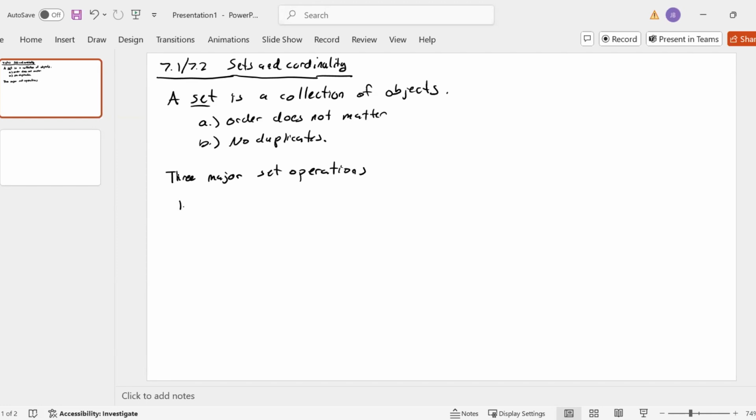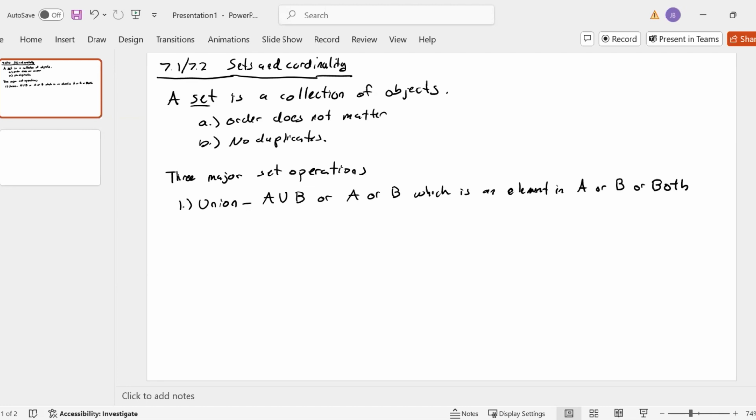The first one was the union. That's going to be A union B, or A or B, which is an element in A or B or both, right?